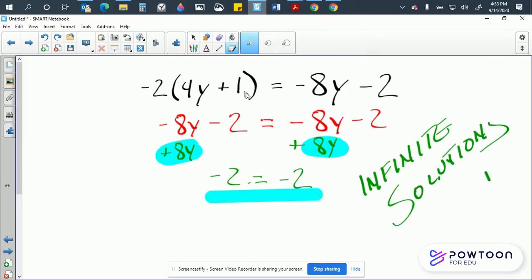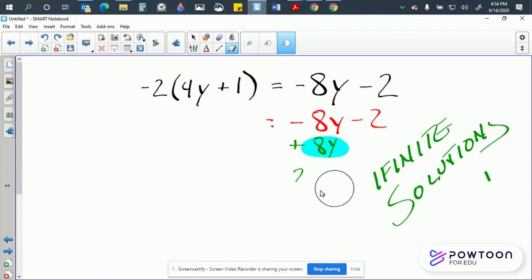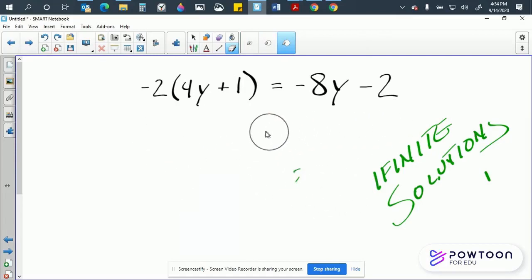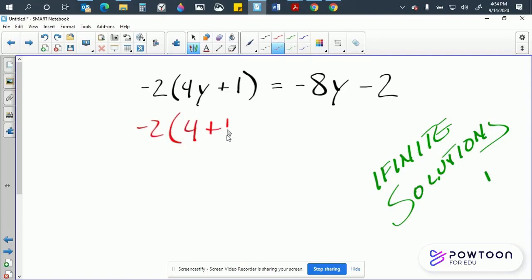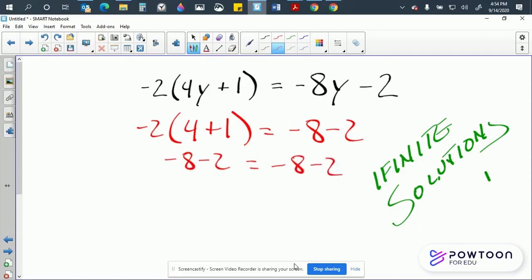Okay, so now if I take any number I would like and plug it into this equation, we'll get a true statement. So let's say I choose to plug in 1. And we're left with negative 8 minus 2 equals negative 8 minus 2. True.